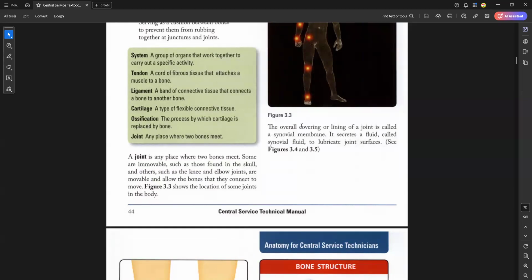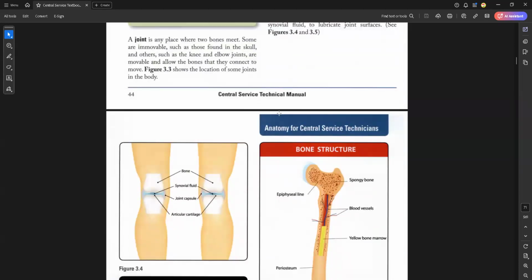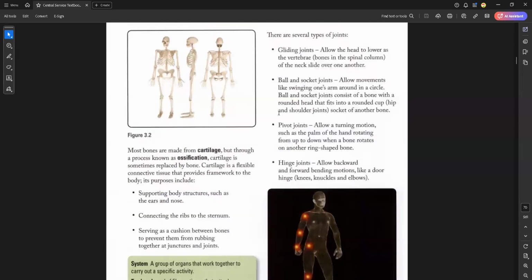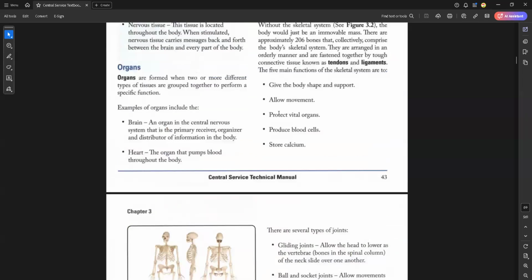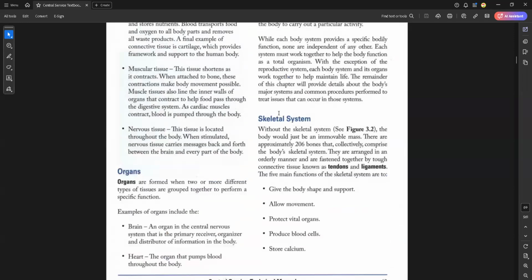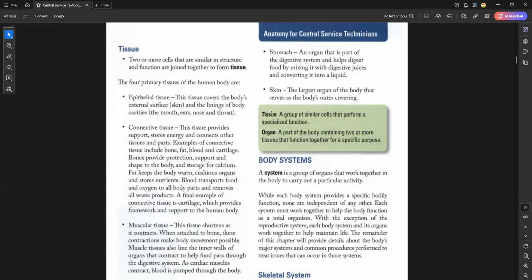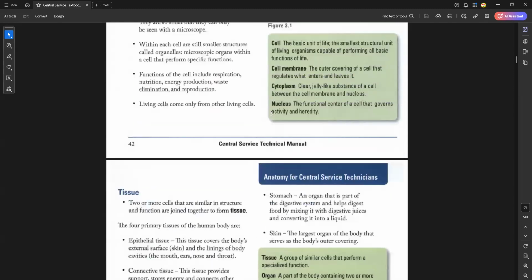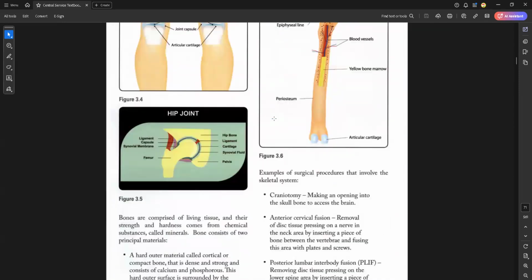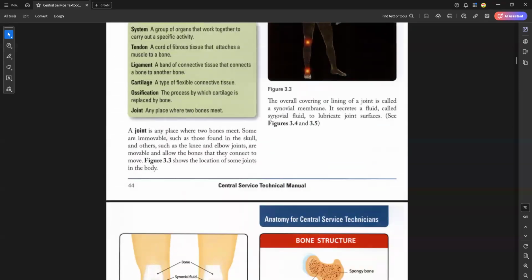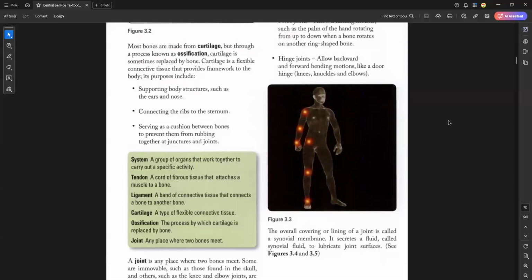and we have. Can we go up, director? There are some examples at the top above figure 3.3. Above figure 3.3. Right there, right there. Very good. Yes, right here.